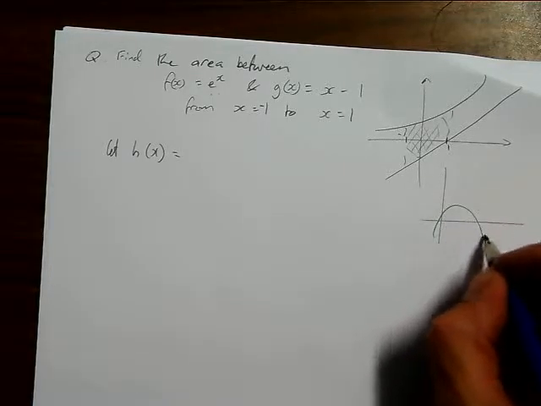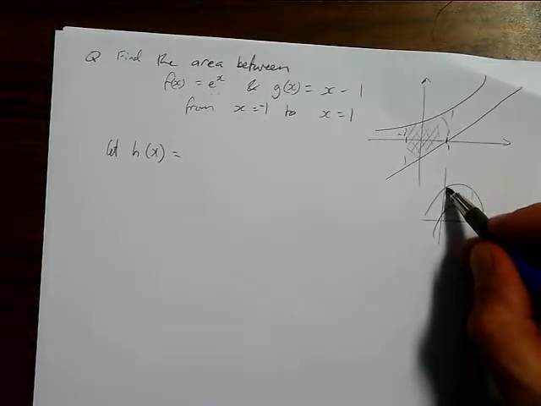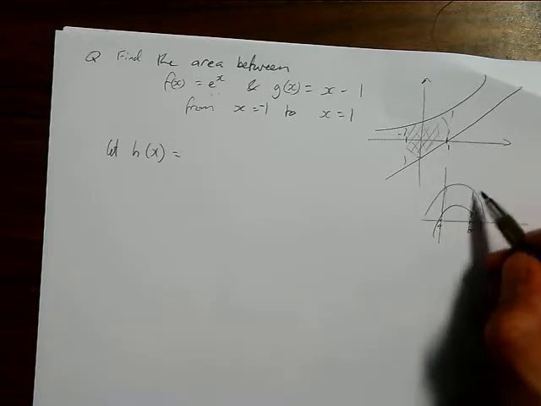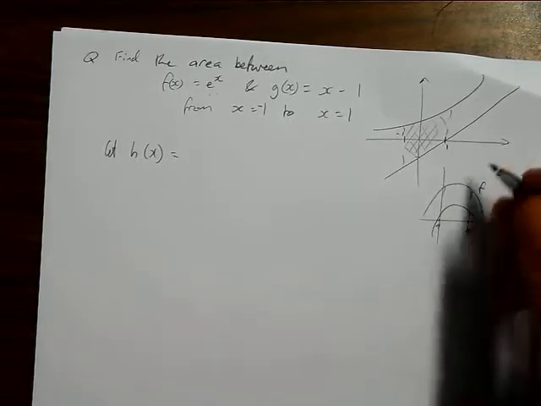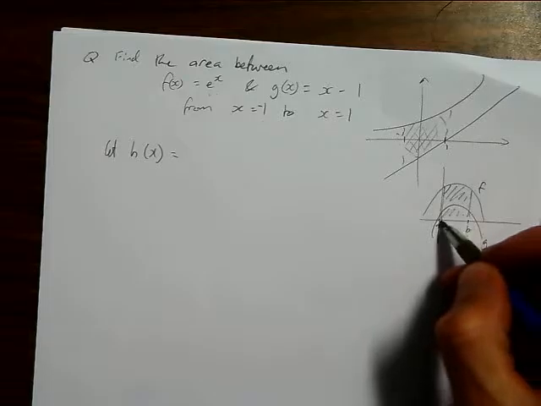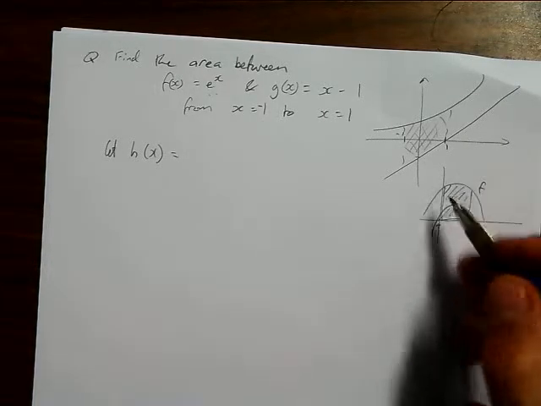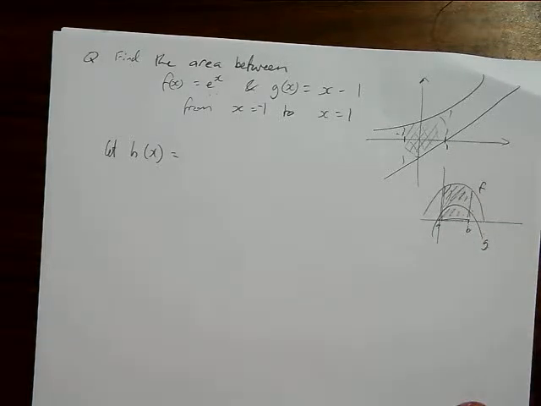If I have these two functions here, let's say I find this area here. Now the area from, let's call it A and B, I'll call the top one F and the bottom one G. If I go F take G, okay, F is this whole area down to the x-axis. If I take away G, then that's going to be this area between the curves. Okay, and that's fine. That's kind of what I'm after in that question, I think.